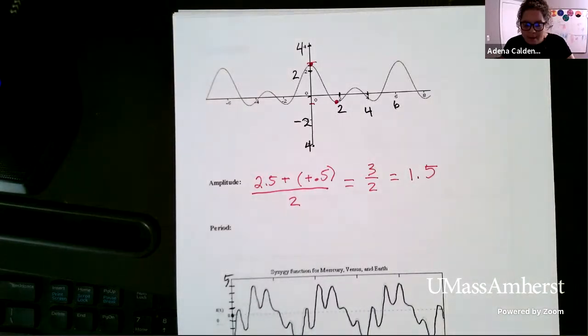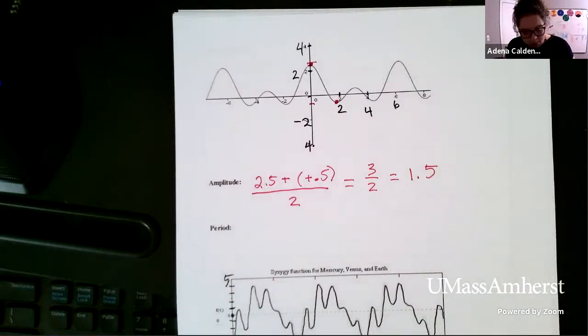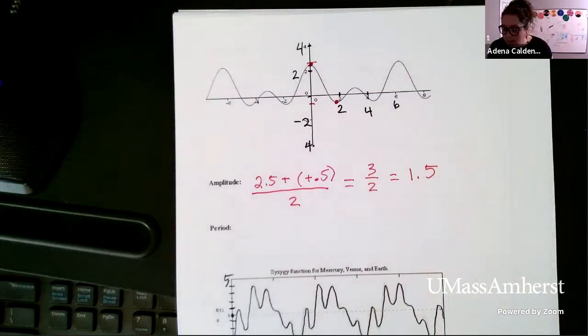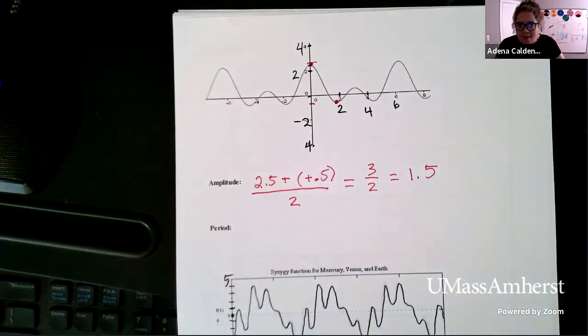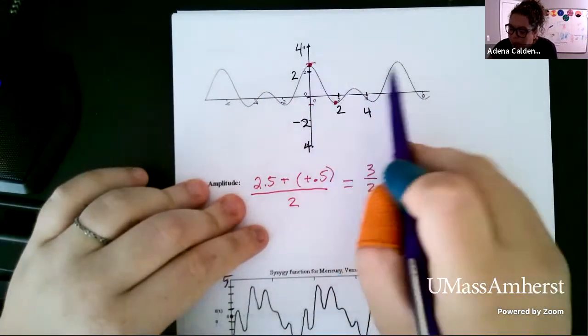Now for my period, I have to look at where and how this function begins to repeat. Again, there's no one right way to do this. I usually like to start at 0 if there's not something more obvious to me, but you don't have to. For me, it makes sense because I can go from peak to peak.